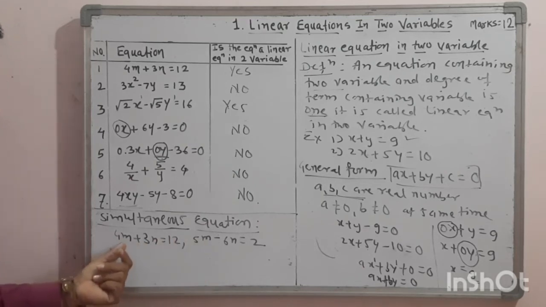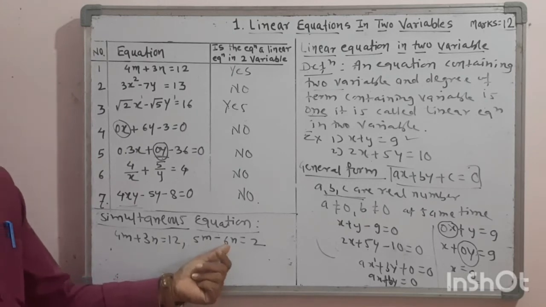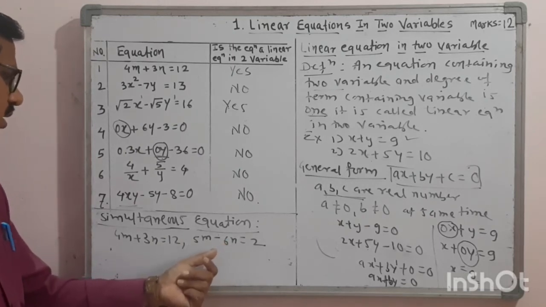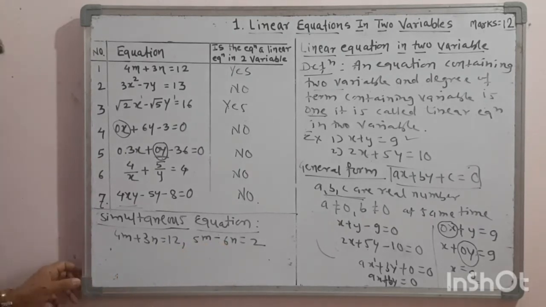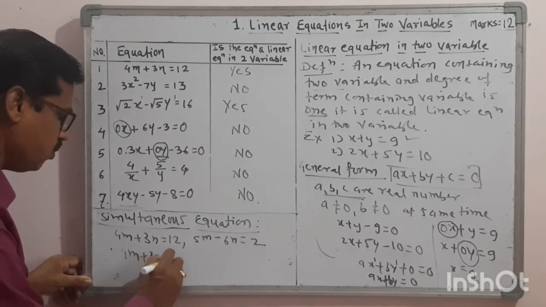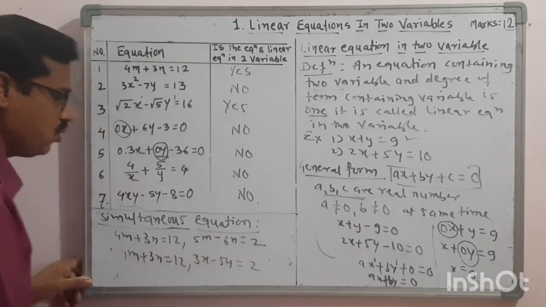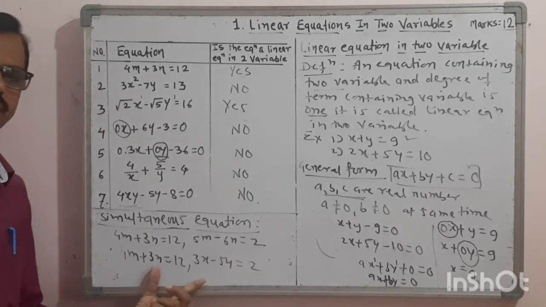If we consider two linear equations in two variables at the same time, then such equations are called linear simultaneous equations. We cannot take such a pair as: one equation 4m plus 3n equal to 12, but another equation 3x minus 5y equal to 2. Such equations we cannot solve.